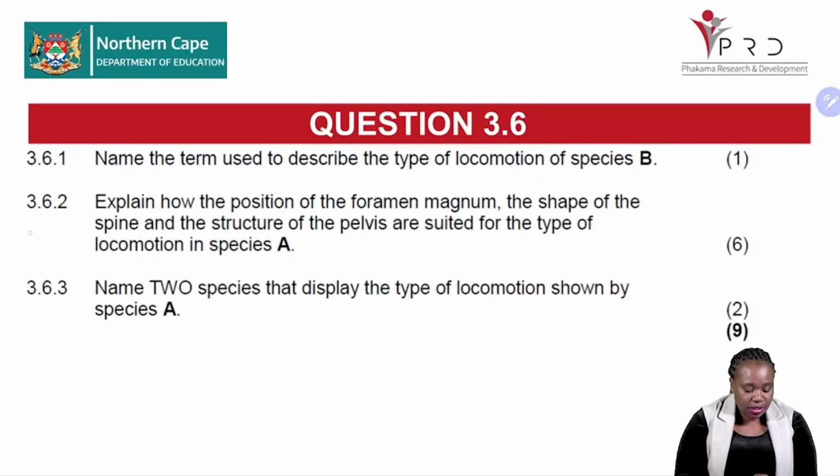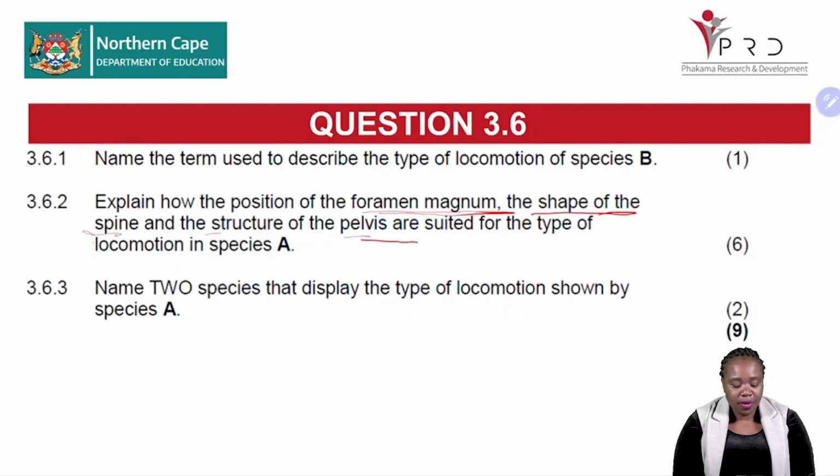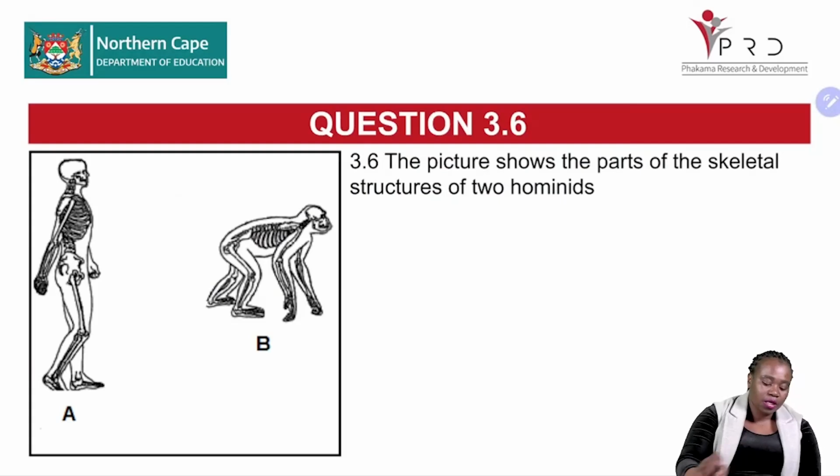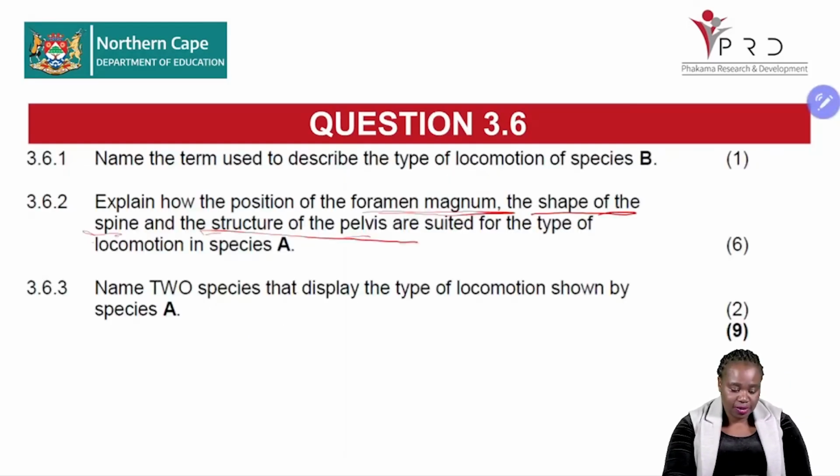Right, and then 3.6.2, it says explain how the position of the foramen magnum, the shape of the spine, and the structure of the pelvis are suited for the type of locomotion at A. Right, at A, we are seeing that we have that bipedal organism, right?